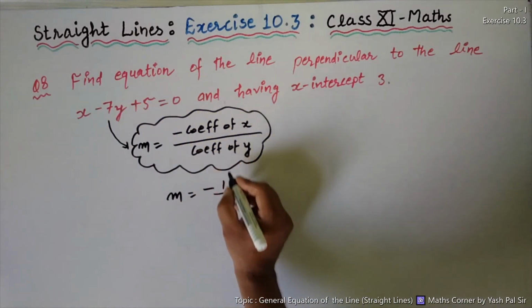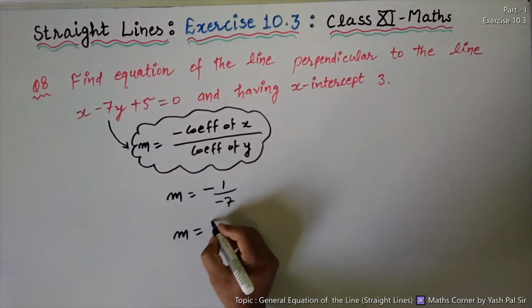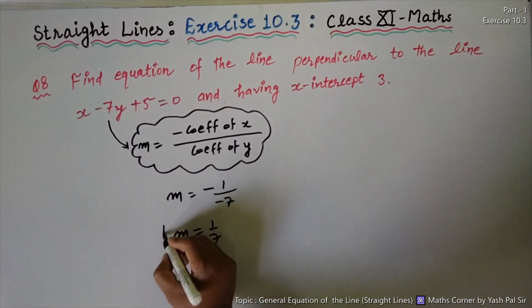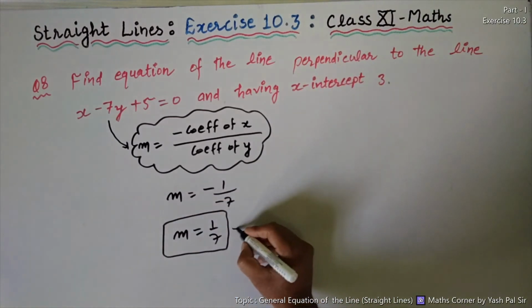So here the slope is m equal to minus x coefficient, which is 1, divided by coefficient of y, which is minus 7. So the value of m is 1 upon 7.